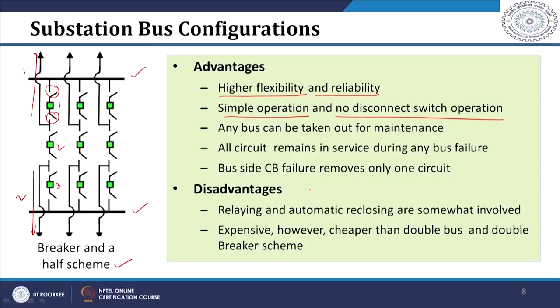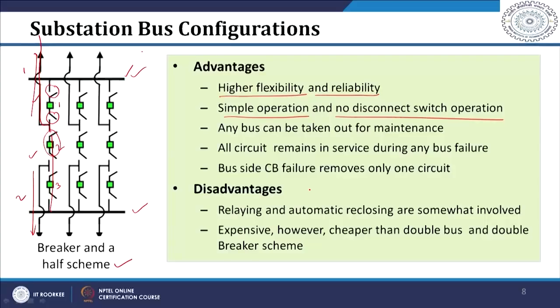Any bus can be taken out for maintenance. If you see this scheme, any bus can be taken out of the circuit for maintenance. If you want to take this bus out for maintenance, both these lines which are connected can be fed through this circuit breaker by closing this middle circuit breaker, and the current will flow like this, and you can do the maintenance on bus number 1.